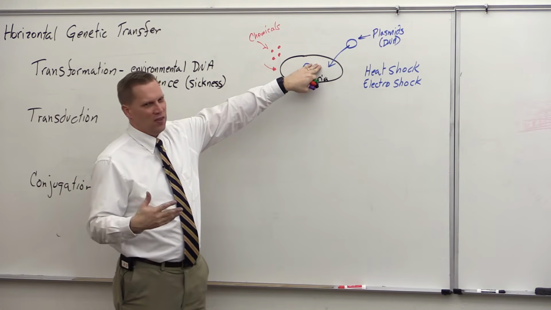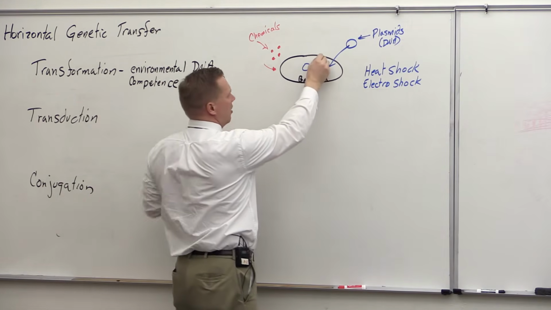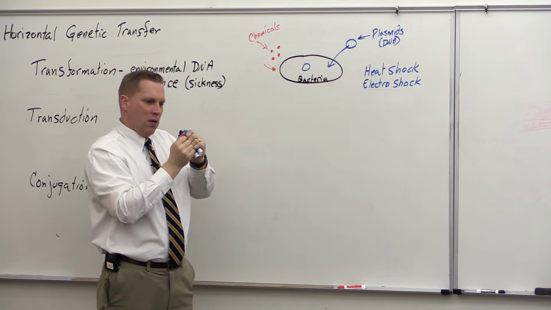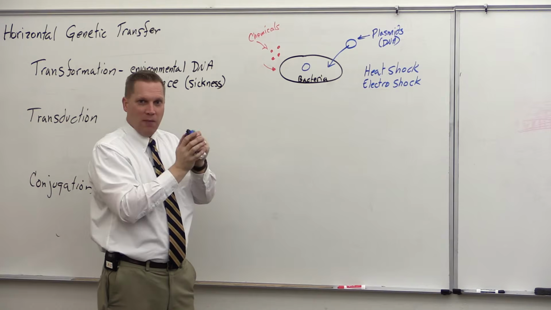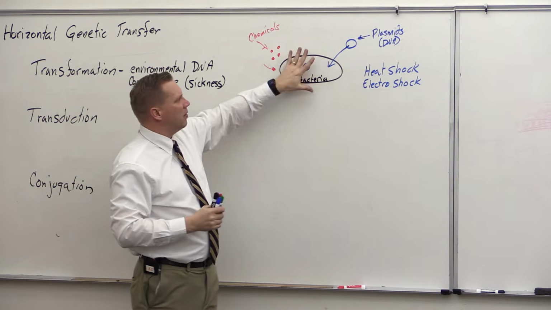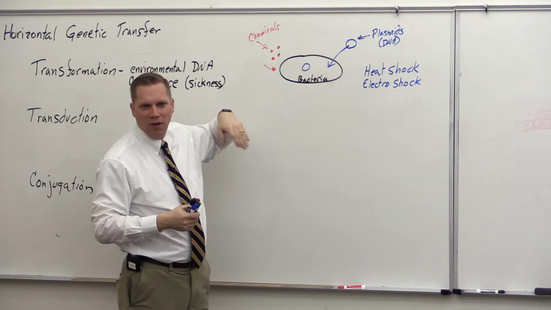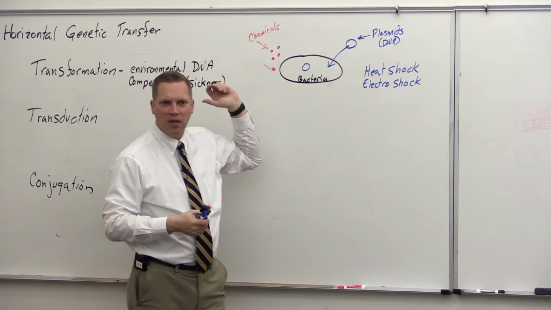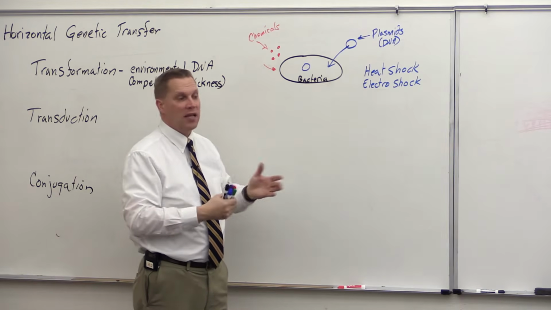And there's been different theories that the heat shock or electroshock would cause the phospholipids in the membrane to maybe jump apart and allow DNA to pass through. But we really don't know what's happening with it. We just know you make it competent, you shock it, it'll take up DNA from the environment, whatever DNA is out there.